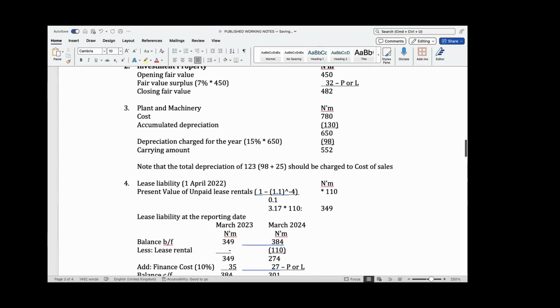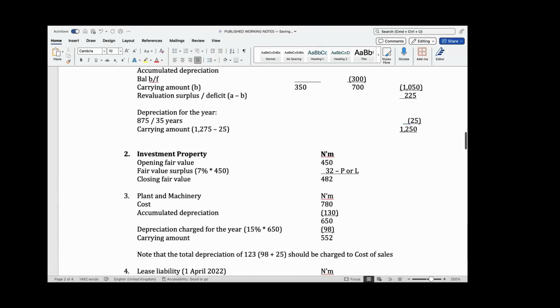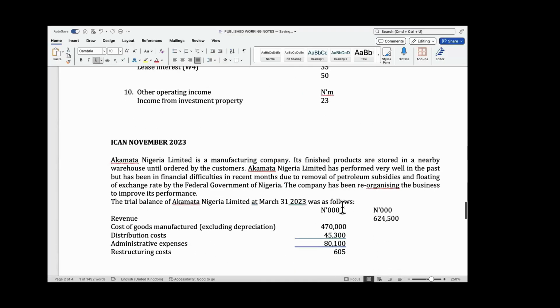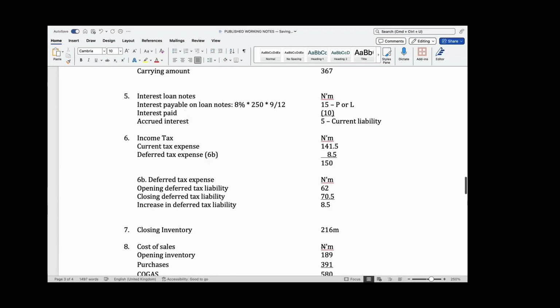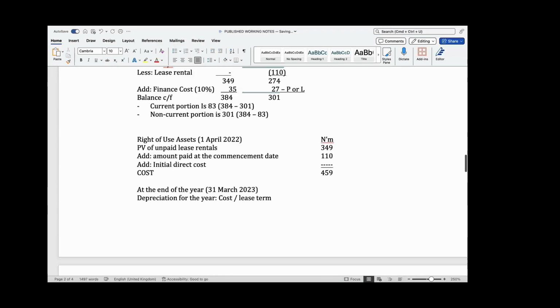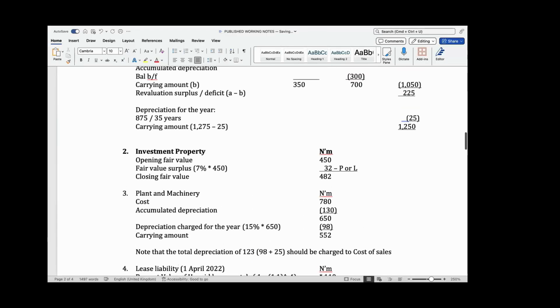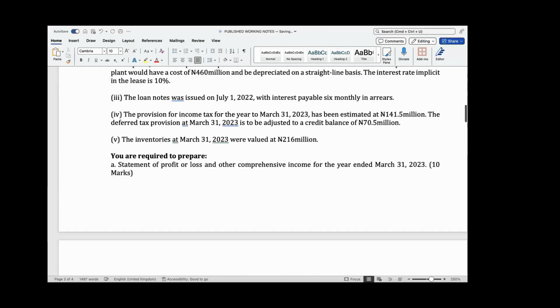And also, I have a fair value surplus of 32 here. Those are the only other income that I have.